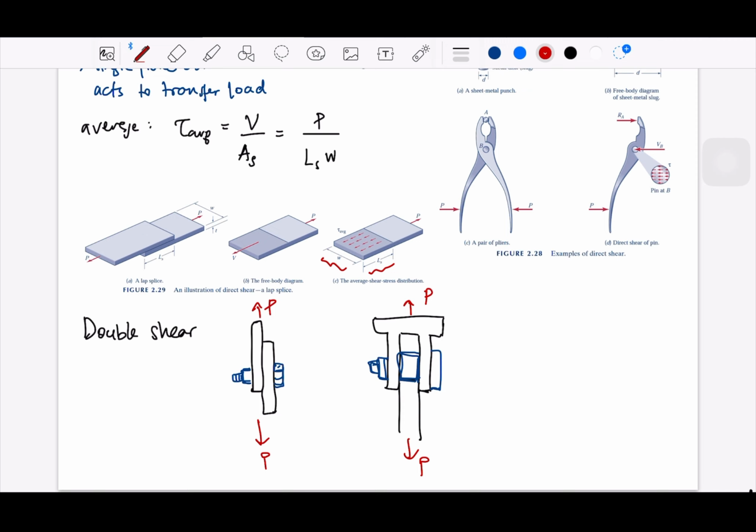Now if we draw simply a free body diagram, let's say this is A, this is B. For A, maybe this is just as simple as that.